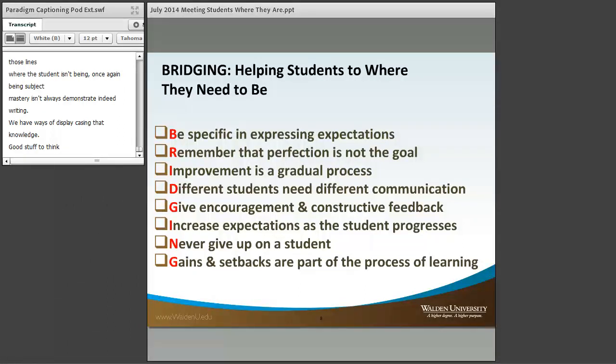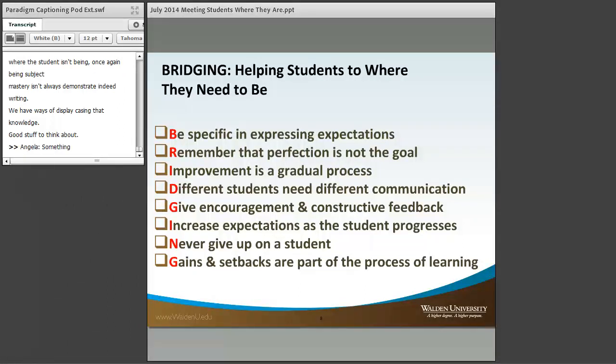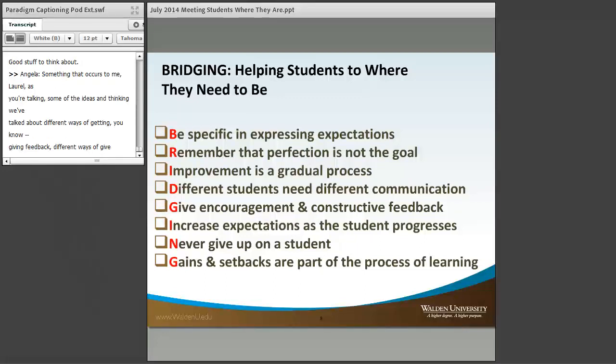Something that occurs to me, Laurel, as you were talking, was that a lot of the ideas and thinking we've talked about lately about different ways of giving feedback, different ways of getting student assignments, this sort of multimedia approach, was something we couldn't even consider a couple of years ago.